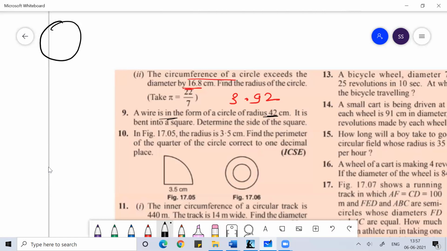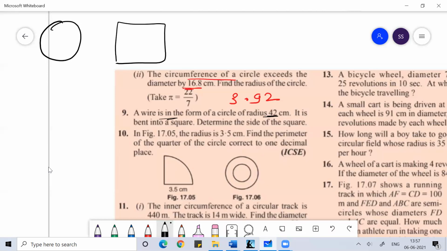No, Tony. When there's a circle and then you make a square, the circumference will remain the same. In the case of the volume concept, when we have a three-dimensional solid, the volume remains the same. Here the circumference will remain the same.